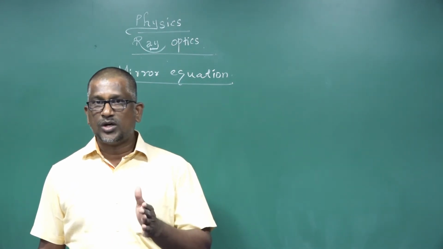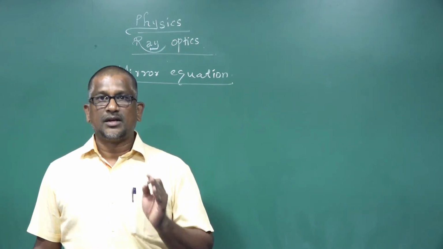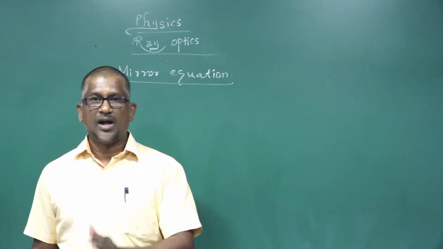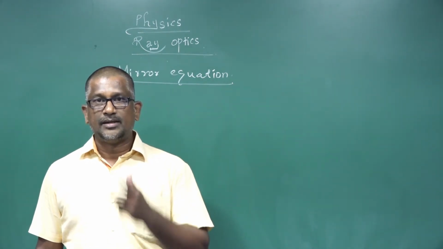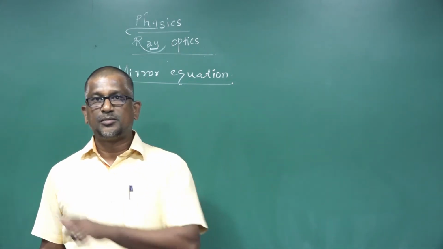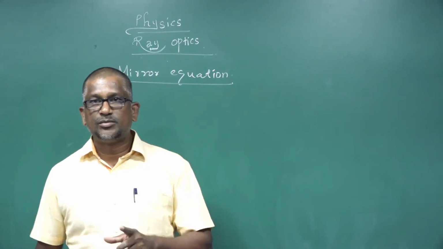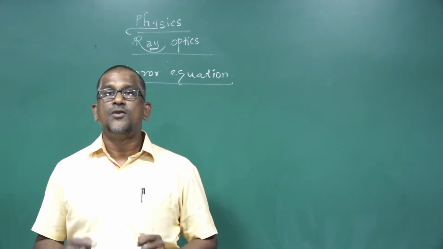Are you clear what is meant by mirror equation and what is its use? Mirror equation means the relation connecting object distance, image distance and focal length. Already you know about object distance, image distance and focal length. The distance between pole and the object is known as object distance. The distance between pole and the image is known as image distance. The distance between pole and principal focus of a spherical mirror is known as focal length.